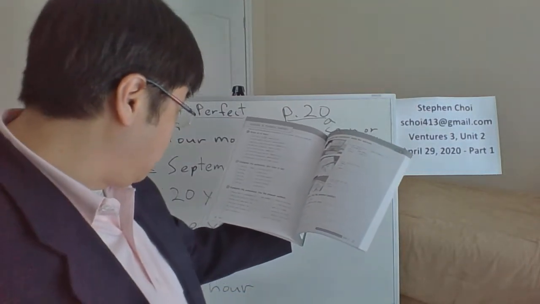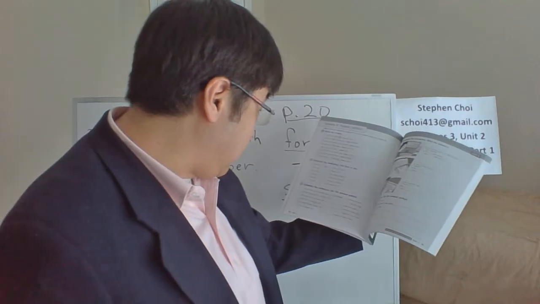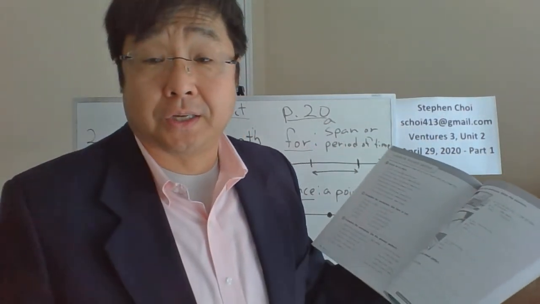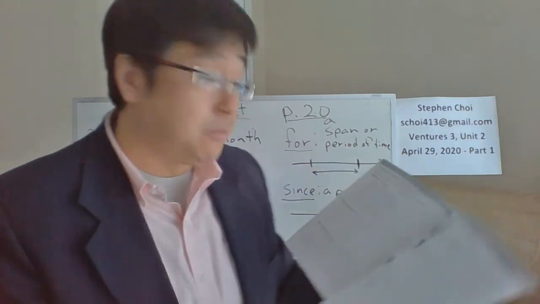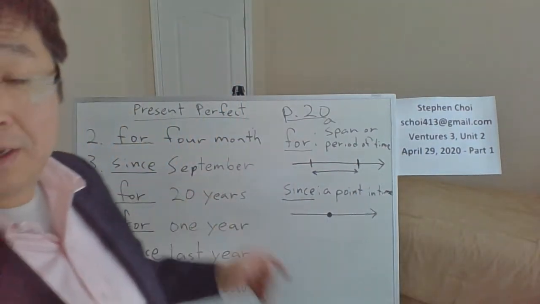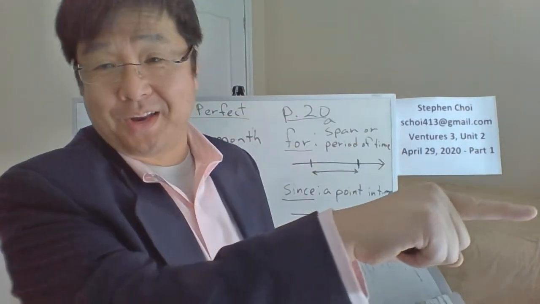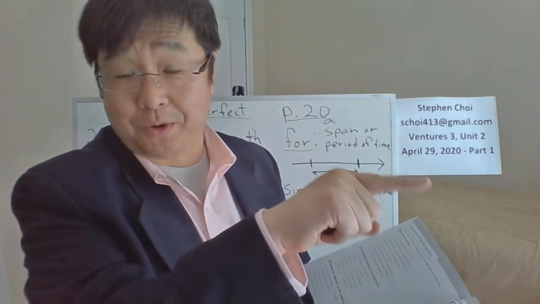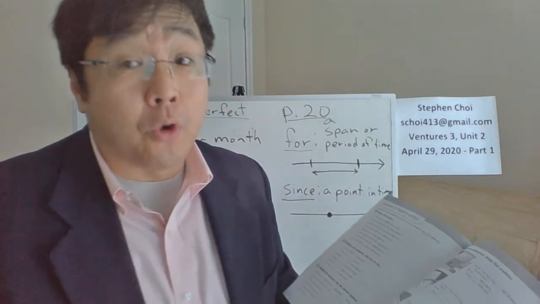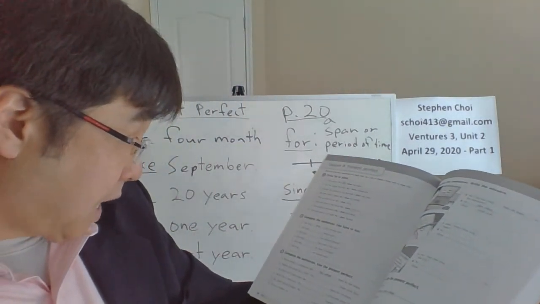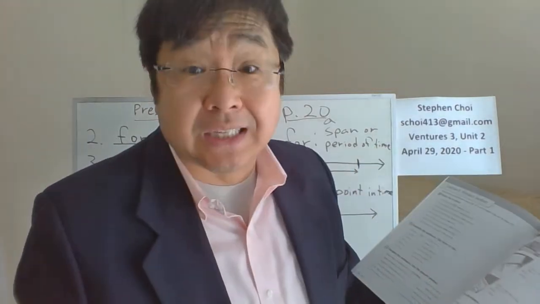Tina has taught this class since September. Remember September? September is a particular moment in the year. It's one particular month, so that's a point in time. So Tina has taught this class since September.